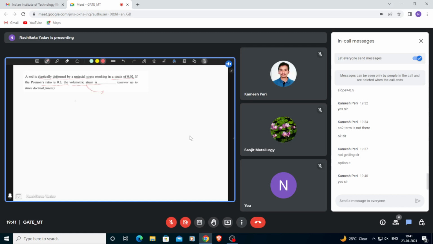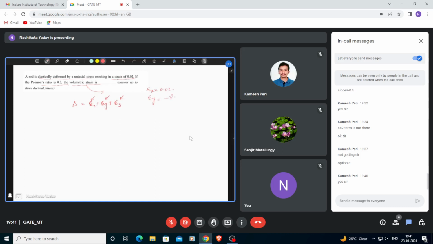We know the volumetric strain will equal epsilon x plus epsilon y plus epsilon z. The value of epsilon x is given as 0.02. So what will be the strain in the y direction?